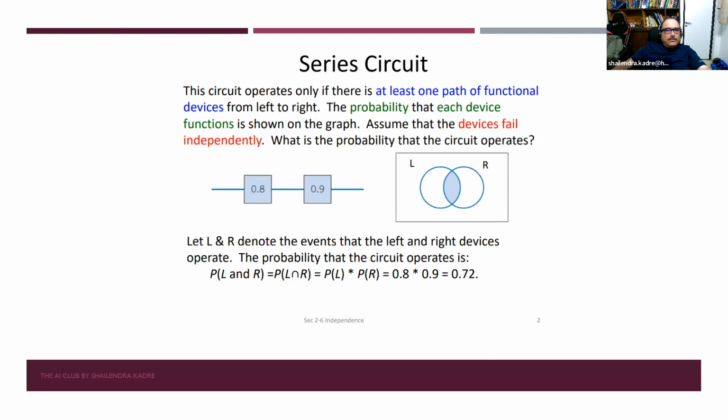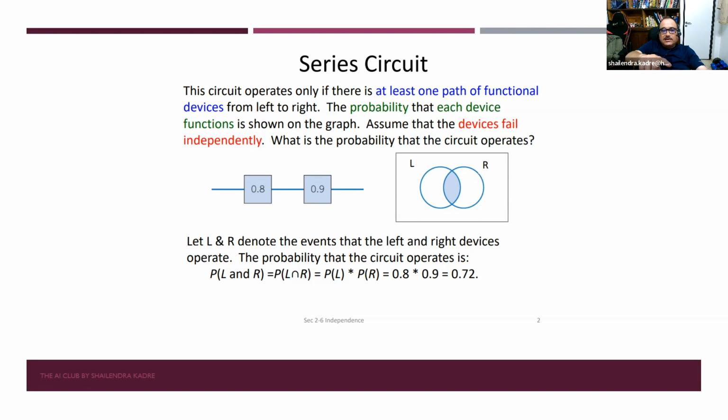Now I'm seeing a problem. Here one circuit is there. The probability of working of the circuit on the left hand side, circuit A, is 80%. Another circuit which is in series, the probability of working is 90%. You have to find out the reliability of the overall circuit, what is the probability that the full circuit will be okay.